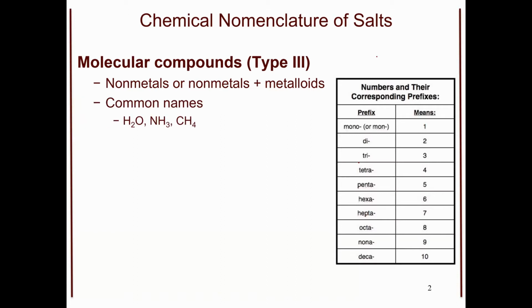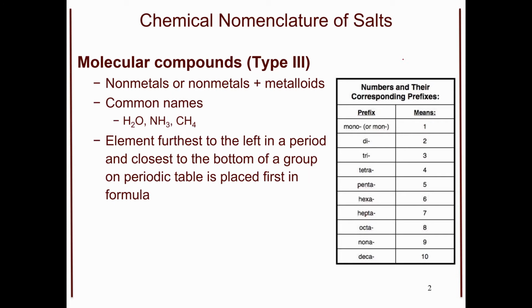Common names actually predate the systematic naming that was adopted by IUPAC. Common names that you see here are water instead of dihydrogen monoxide, or ammonia, and one other, methane. So you are allowed to use the non-systematic names if they are well within use and predate the naming system.